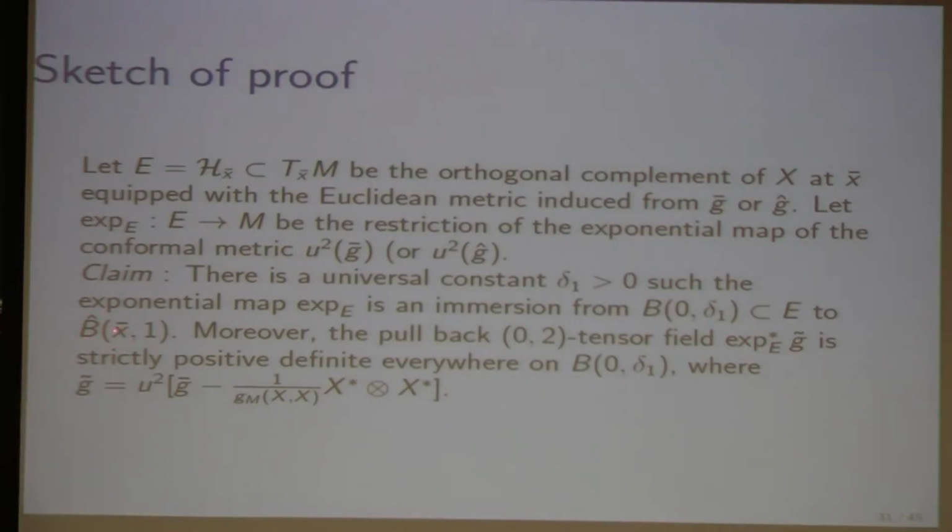B hat is the 4D manifold, but this ball is a 3D Euclidean ball. Moreover, we can prove that the pullback of this one is strictly positive definite. So this claim is very useful.